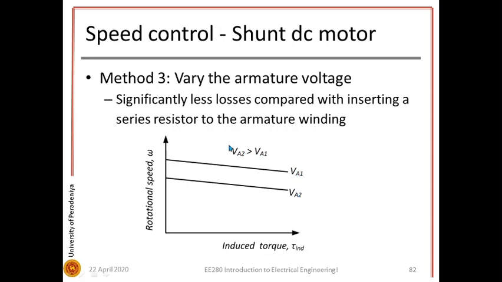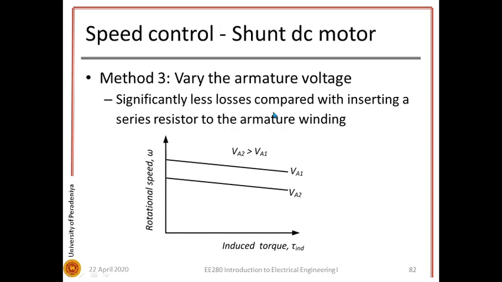When you have a higher voltage, the intersection point should be high. Sorry, if I repeat again, VA2 is the higher voltage, so you should have a higher intersection point. Therefore this curve should represent VA2, and VA1 should be represented by this curve.